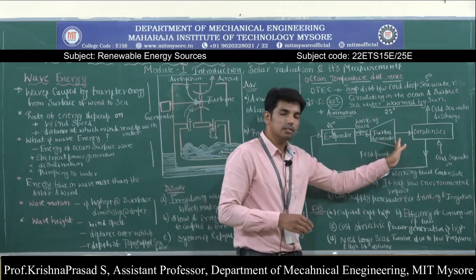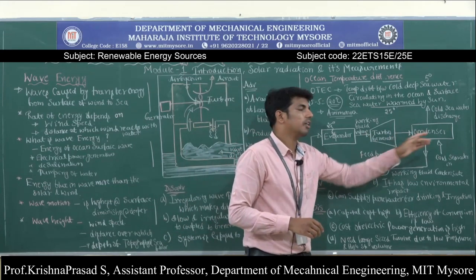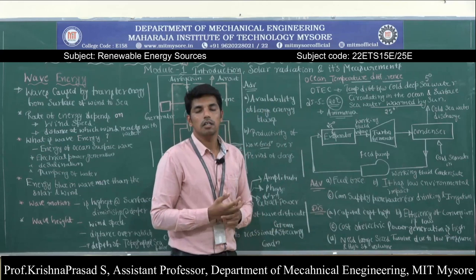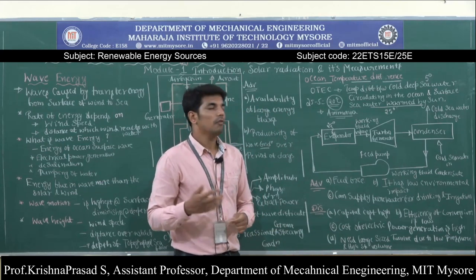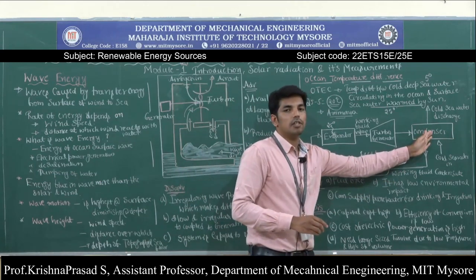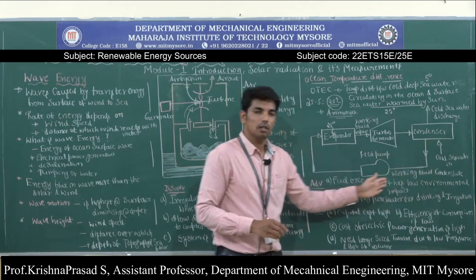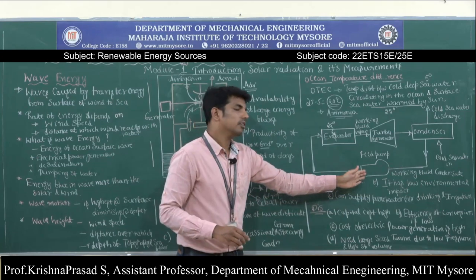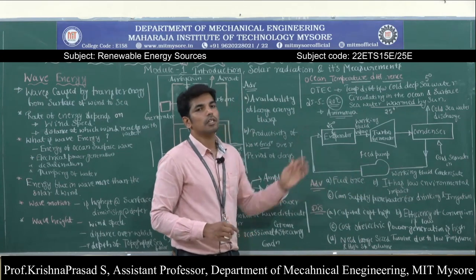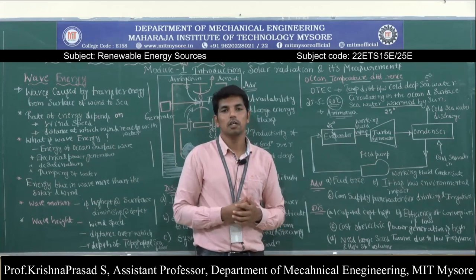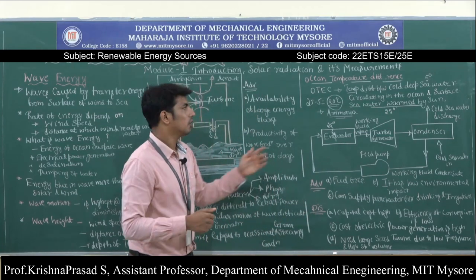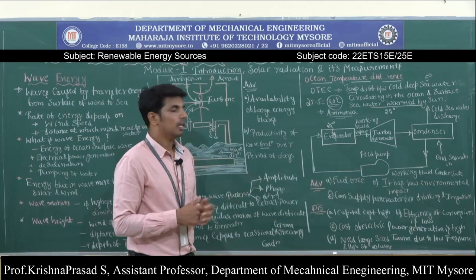Then the working fluid enters into the condenser, where cold deep sea water pumped from the deep ocean layer condenses it back into liquid. This liquid is sent back to the evaporator, hence the working fluid is continuously used for power generation. So this is regarding the working of ocean thermal energy conversion.